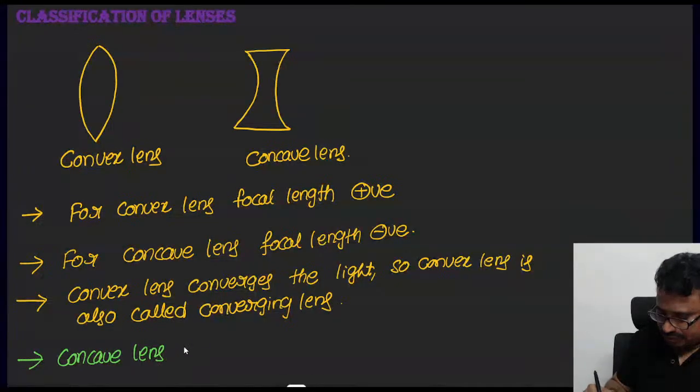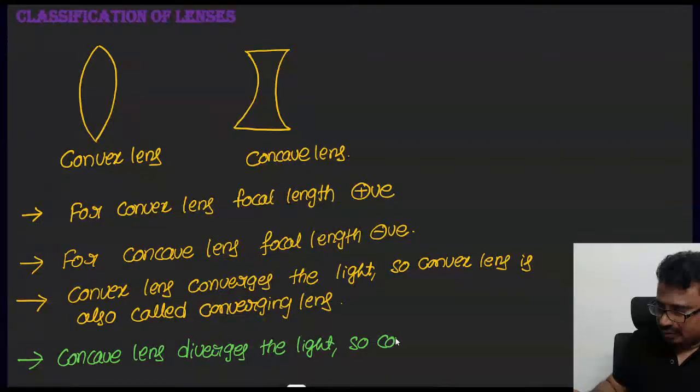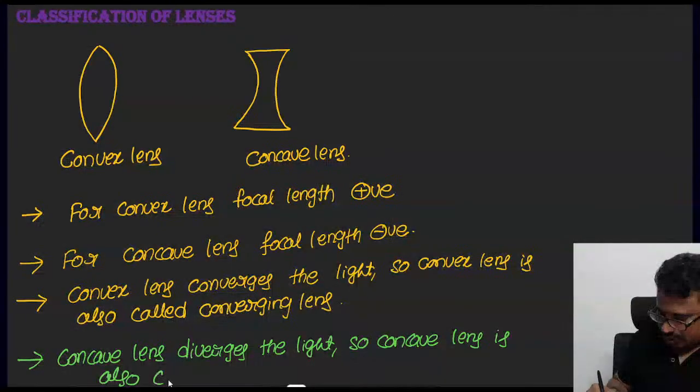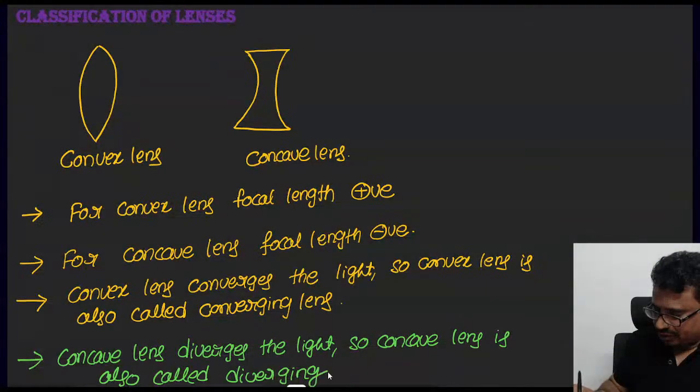A concave lens diverges the light, so a concave lens is also called a diverging lens.